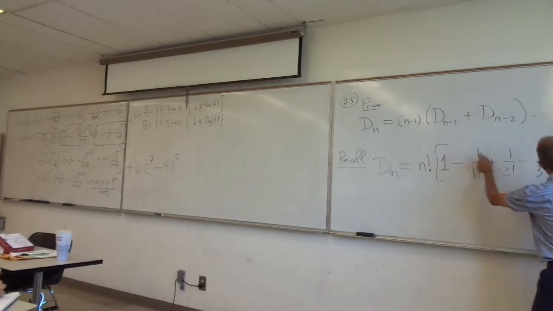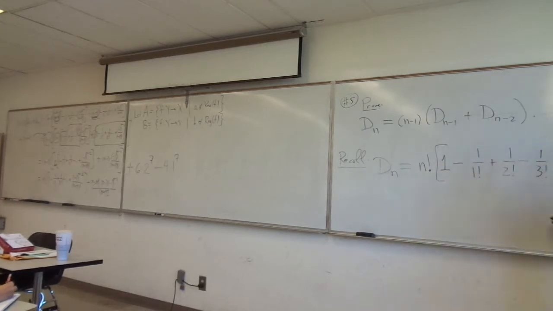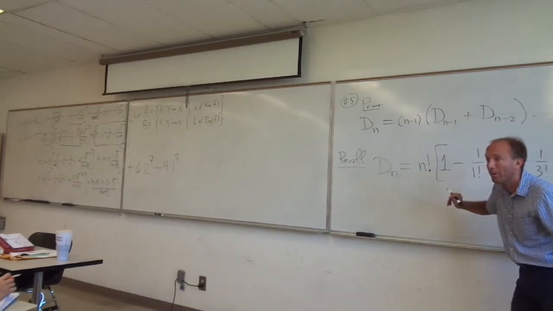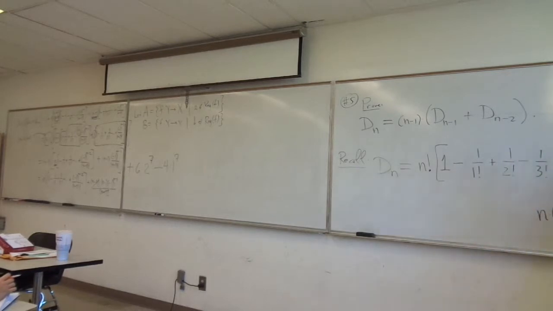So n factorial over n minus 1 factorial is actually just n times negative 1 to the n minus 1. So that term is missing from what we have. And then the very last term is just negative 1 to the n. You see that? Because negative 1 to the n is divided by n factorial, but it's also multiplied by n factorial. So it's just negative 1 to the n. So the last two terms of the d sub n formula are exactly this.